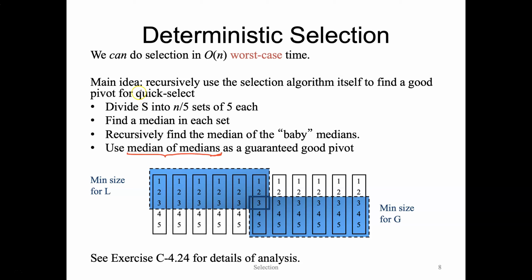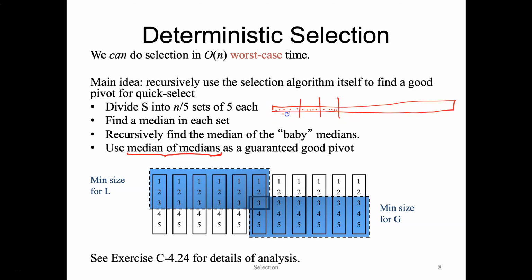is that we'll take our original sequence, so this is our large sequence, and we'll divide it into n over 5 lists, each having 5 elements. So we could just count up: here's the first, second, third, fourth, fifth. That's one list, 1, 2, 3, 4, 5. That's another list, and then just keep counting in increments of 5.